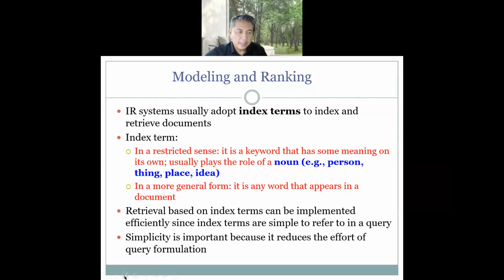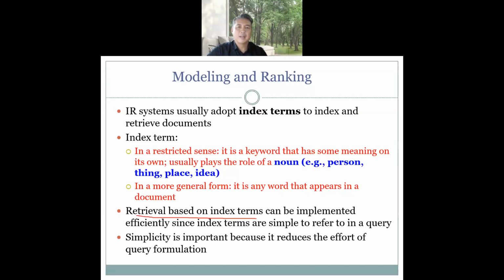It is also said that the retrieval based on index terms can be implemented efficiently, since index terms are simple to refer to in a query, because the query that we type are all keywords similar to what we have in the document. So we want simplicity.